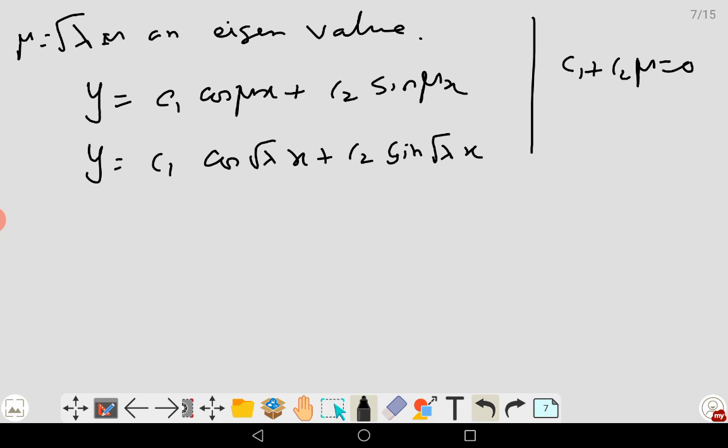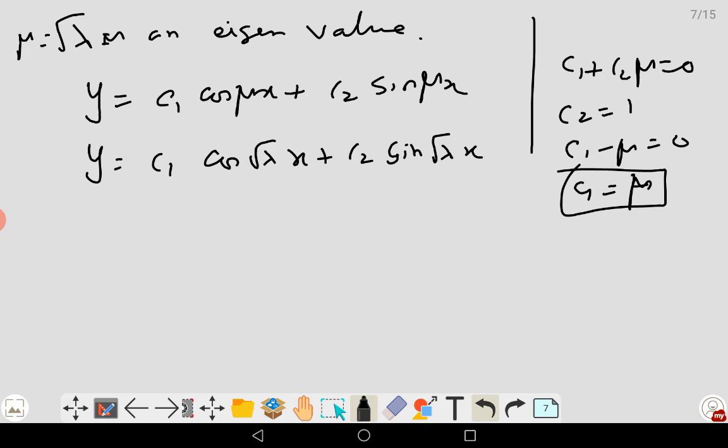Check that one. Take C2 as negative 1. You'll get C1 minus mu is equal to 0, so C1 is mu. We can substitute the value in this equation.